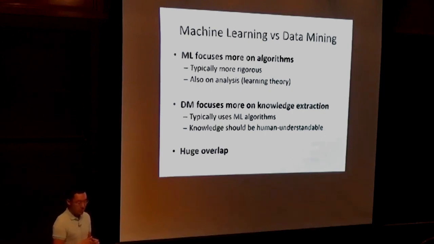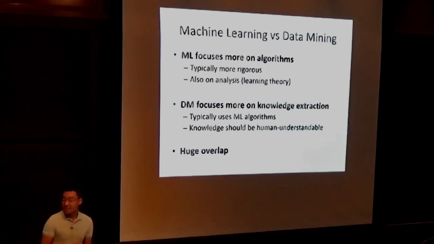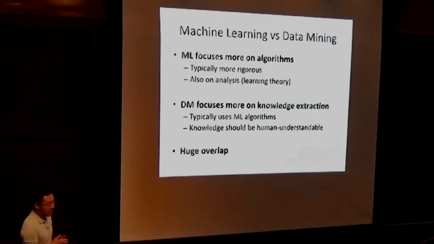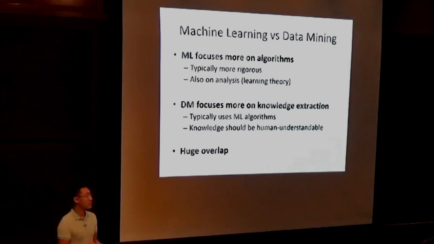Data mining focuses more on the knowledge you can extract from the data set. These days, data mining is also more popularly known as data science. So perhaps we should update the name of the class, but that's a paperwork nightmare, so I choose not to. But you can think of data mining as data science. It typically uses machine learning algorithms, and the knowledge that it extracts should be, in some sense, human understandable. But again, in terms of the nuts and bolts and the tools used, very large overlap.